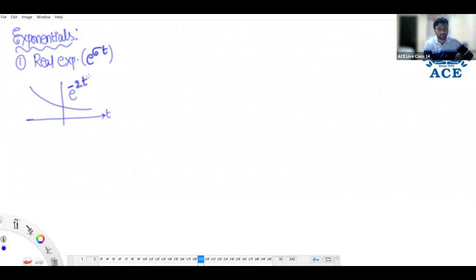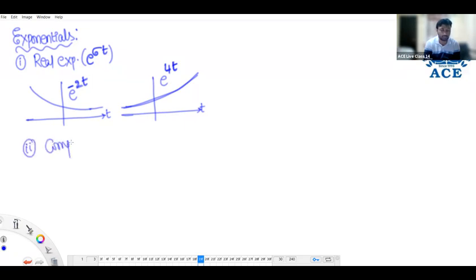Suppose we select e power -2t, it is acting like a decaying exponential. Or if you take e power 4t, it is like a growing or increasing exponential. So the first form of exponential is the real exponential.